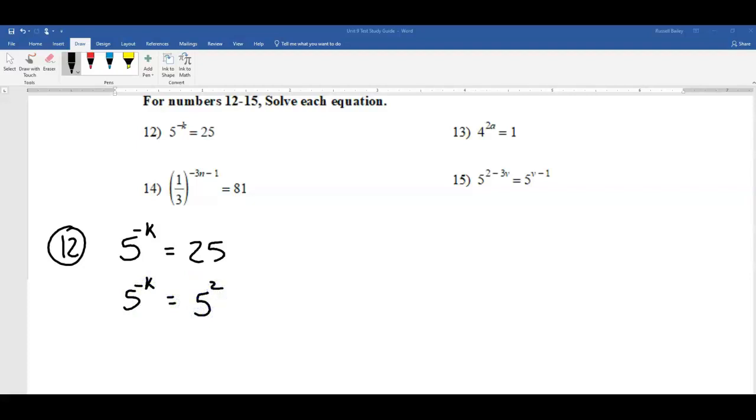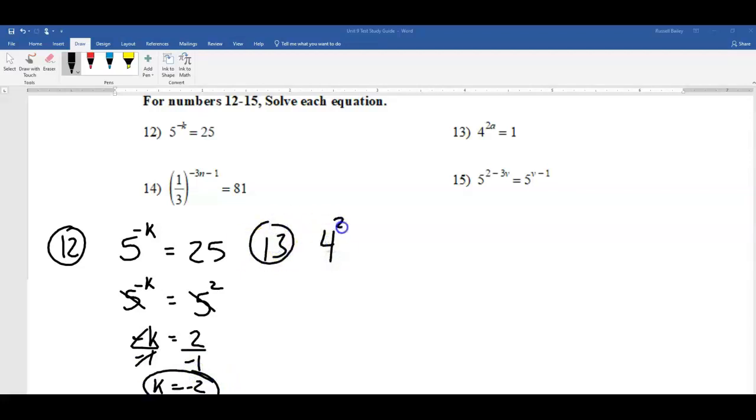Once you get the bases to match, you can ignore the bases and just set the exponents equal to each other. And after that, you're welcome to solve for k. In this case, all I would need to do is divide by a -1 to get k by itself, and I would get -2 as my final answer there. Number 13. This one's kind of a tricky problem.